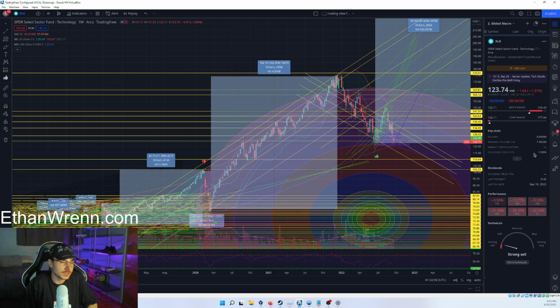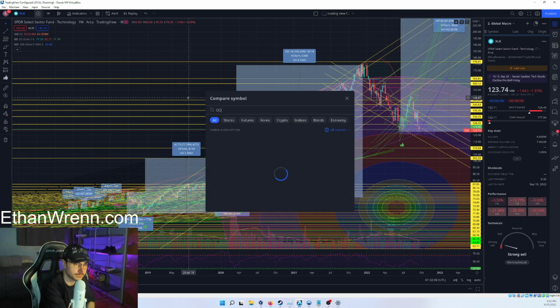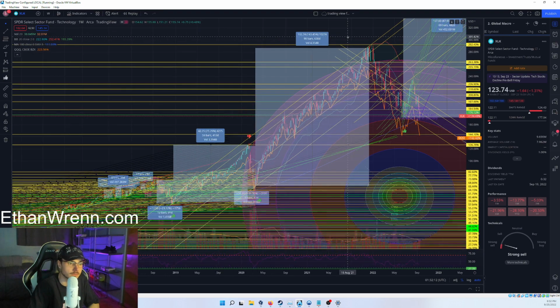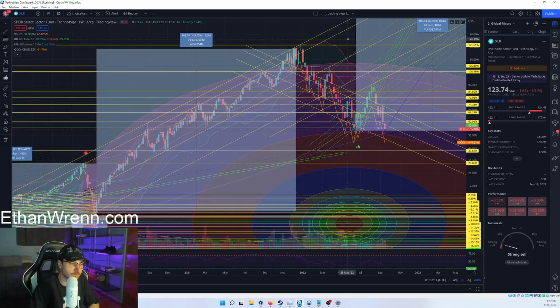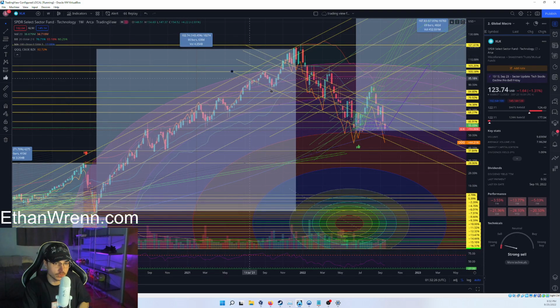Why do I compare this to the QQQ? Because not only that, but they do tend to move pretty similarly. Let's look at that. As you can see, when they are rising, they tend to rise a similar amount, 144% across both of them.